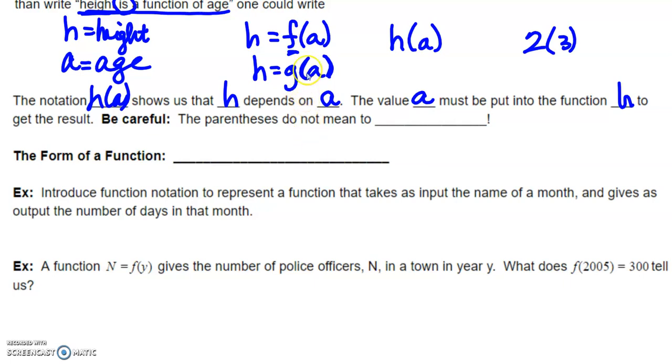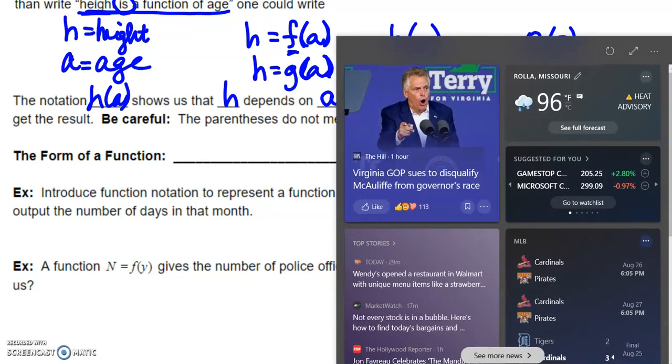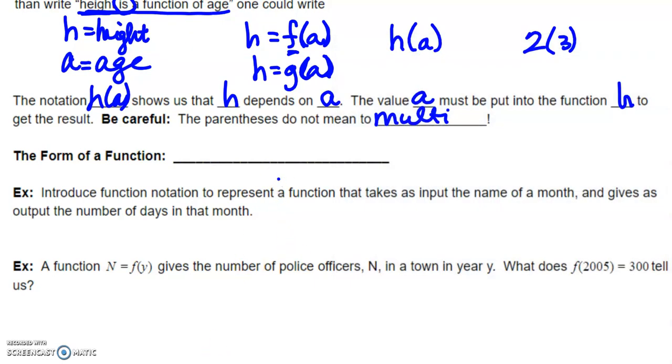Be very cautious. These parentheses here do not mean to multiply. They are just a notation to correspond with our function variables.